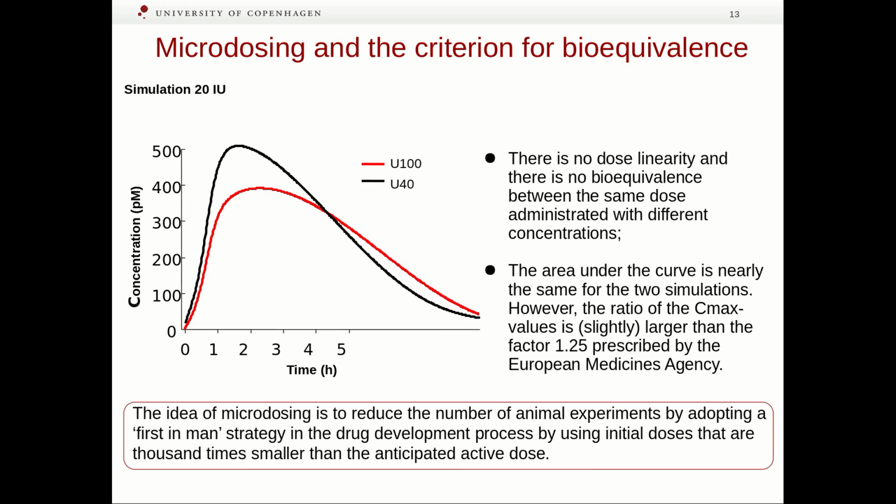The idea of microdosing is to reduce the number of animal experiments by adopting a first-in-man strategy in the drug development process and by using initial doses that are thousands of times smaller than the anticipated active dose.